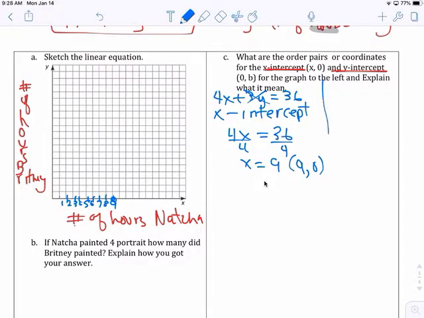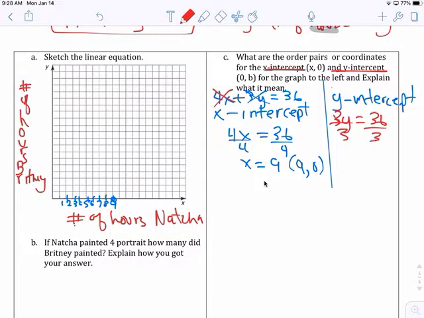Okay, let's do the y-intercept. The y-intercept is when x is 0 and y is 36. 3y equals 36. Divide by 3. Y is 12, so (0, 12).